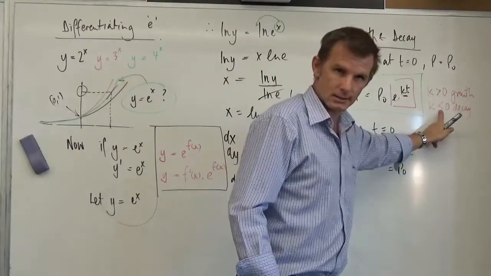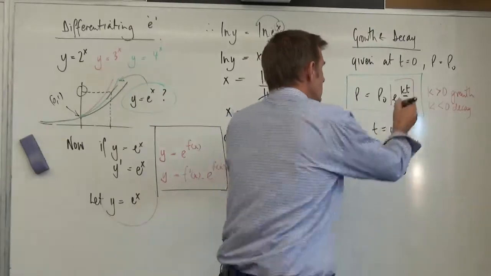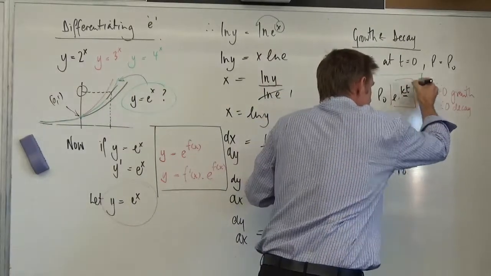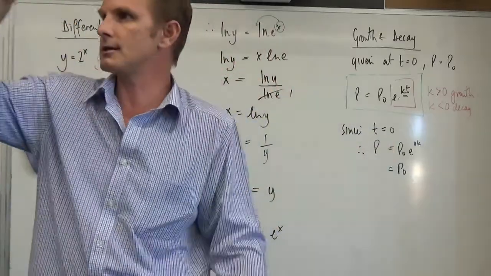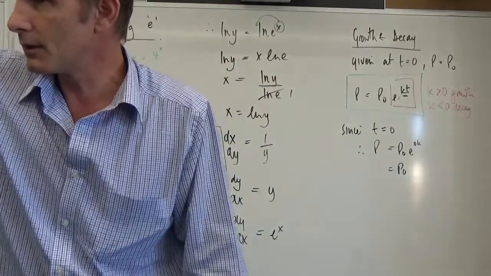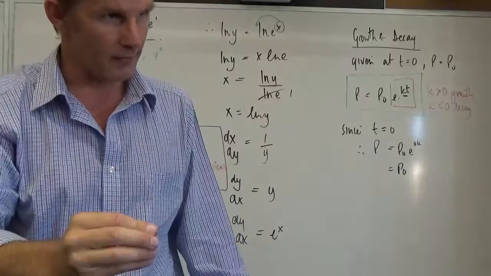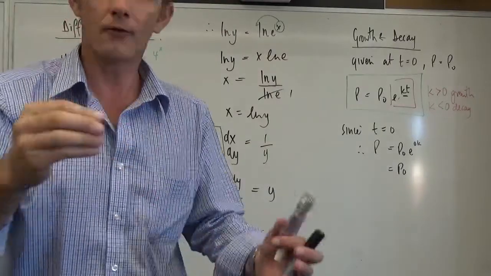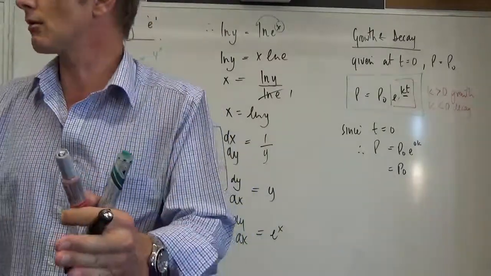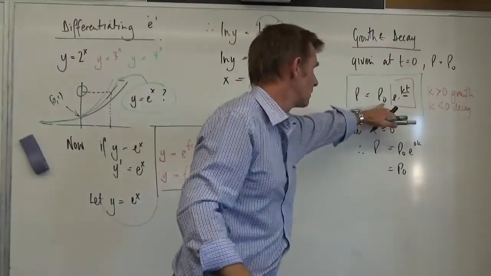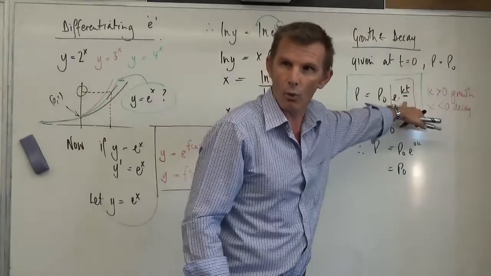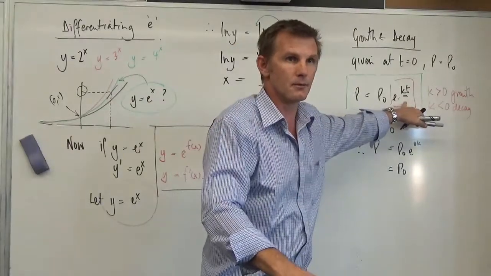If k is less than 0, then this whole thing up here is less than 0, and anything raised to a power that is less than 0 is the same as 1 over that, isn't it? And therefore that would give you an answer between 0 and 1. And if you multiply something by a value between 0 and 1, it gets smaller, doesn't it?